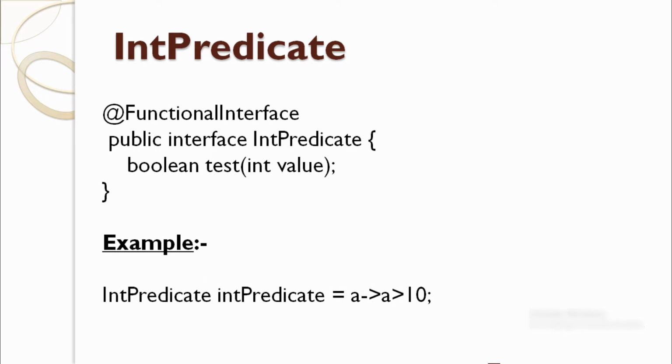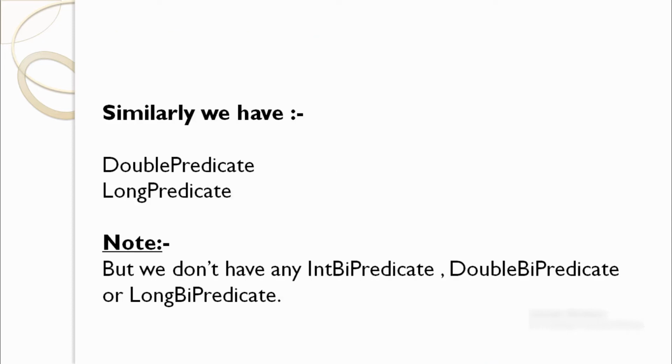So this is the example of IntPredicate. In this, autoboxing and unboxing don't happen, and everything is very smooth. You can use IntPredicate if you want to use an integer type of value.